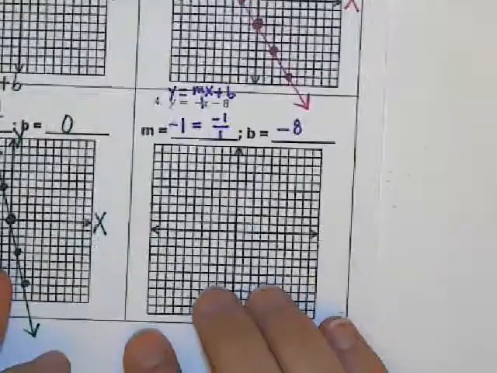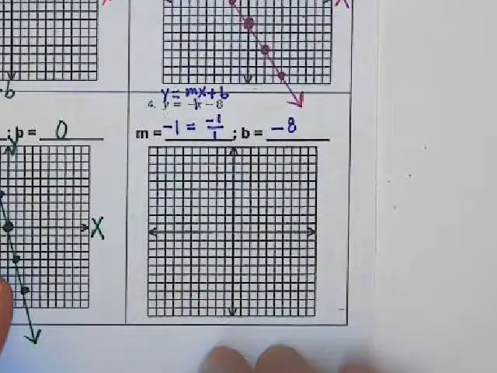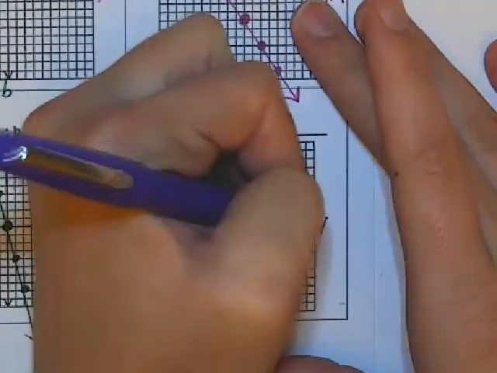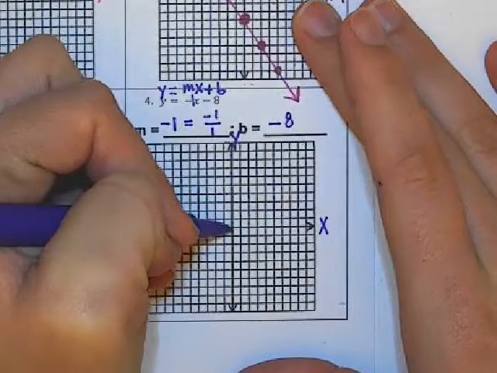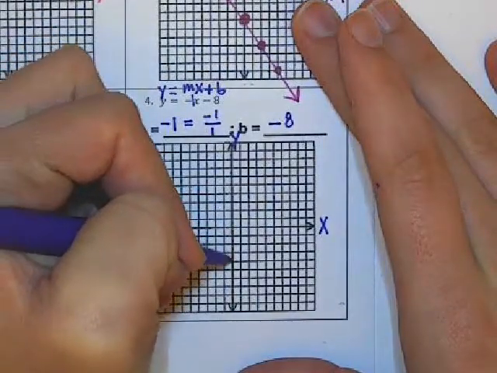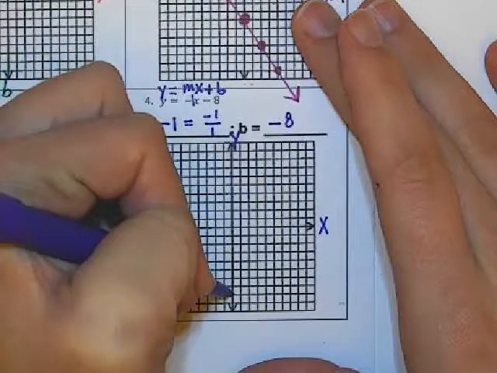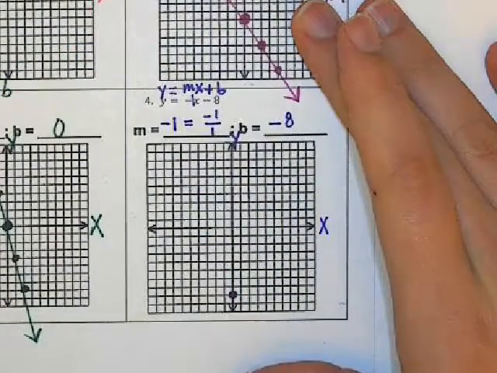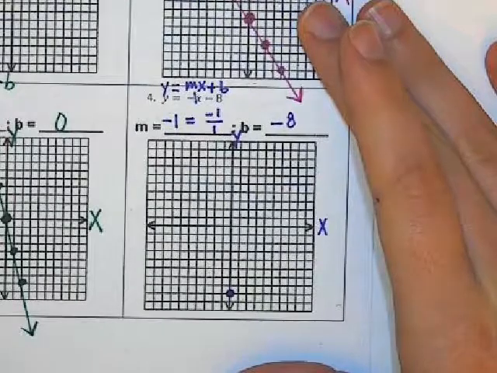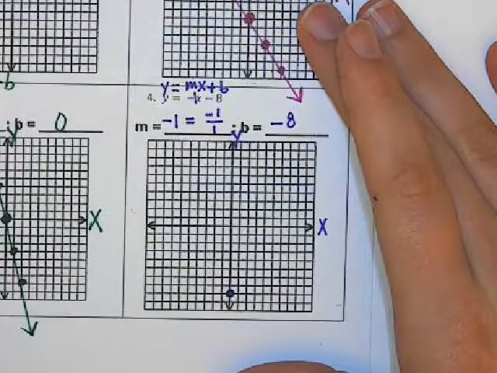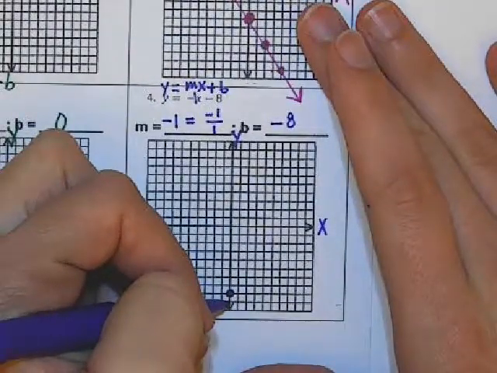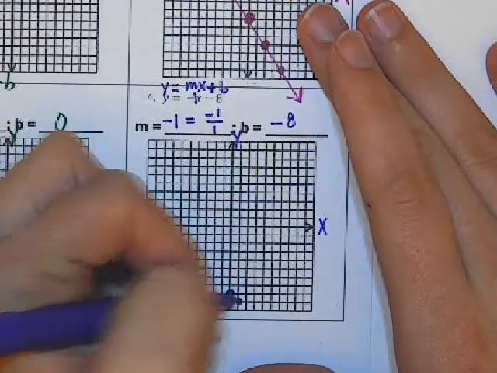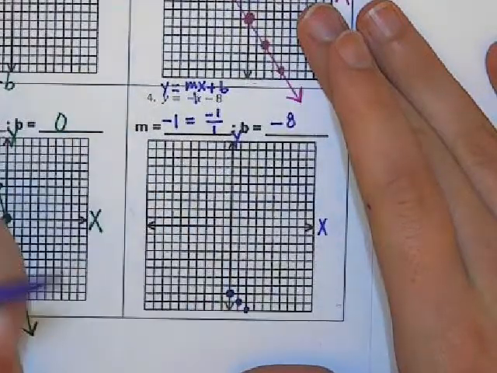In order to graph, I have to start at a point, which is my y-intercept, so I go to my y-axis down to -8 and put my dot. Slope is -1/1, so am I going to go up or down? Down, because it's negative. Down 1, right 1.